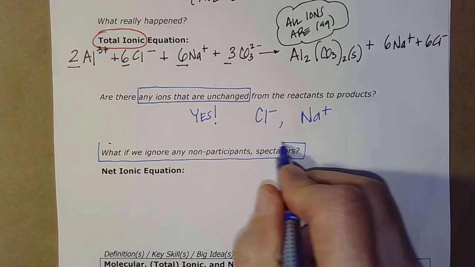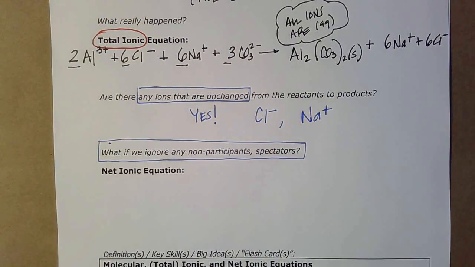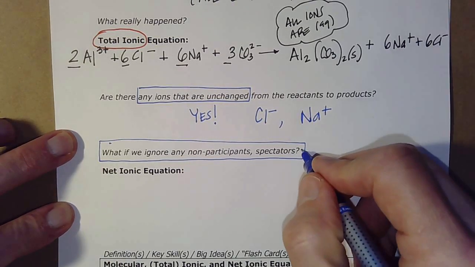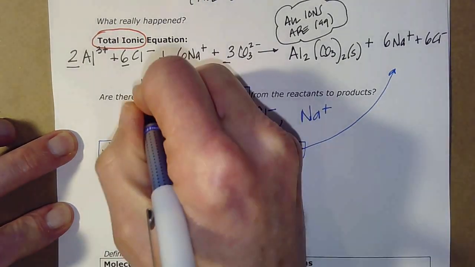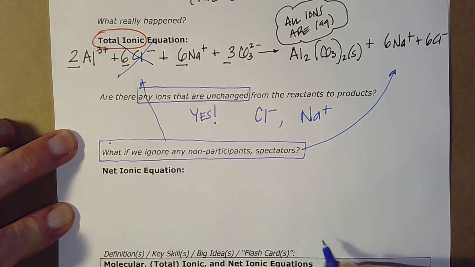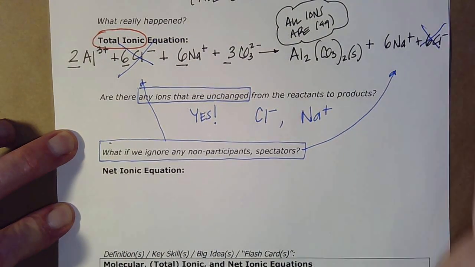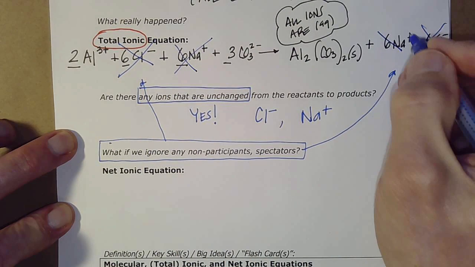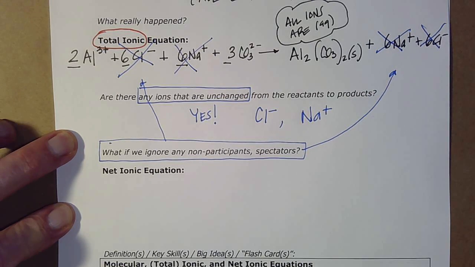That's what this next part is. It says, okay, well, wait a minute. Some of the reactants and products are completely unchanged, which means they really didn't react. Now, I might then say, well, why don't I do this? If I ignore those, I could say, take that out and that out. They didn't react. I've got the 6 sodium ions and 6 sodium ions. I'm going to ignore those.